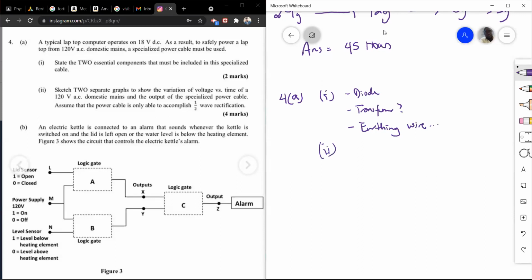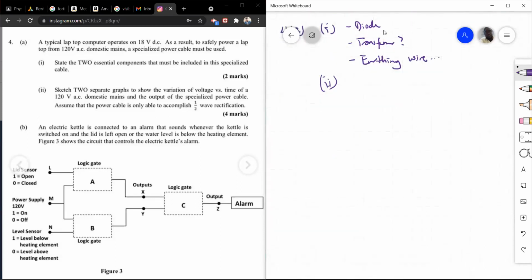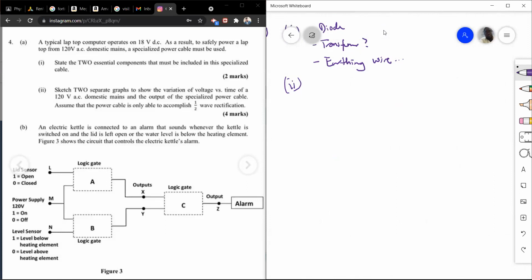Part 2, we're sketching some stuff. For part 2, we want to show the first one, which is what? Voltage versus time of a 120V AC domestic mains. If it's AC, what will the waveform look like? Up and down. Yeah, sounds very physicsy.